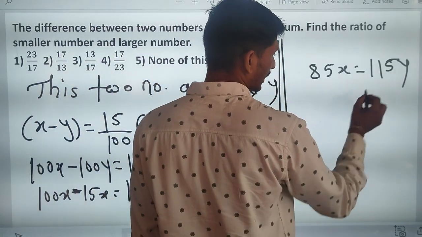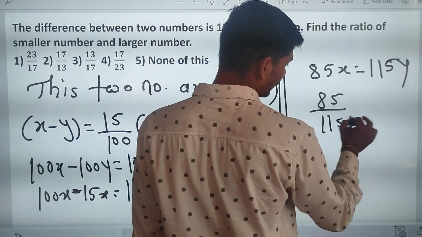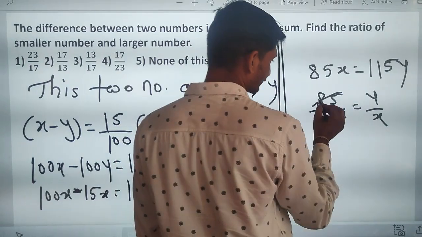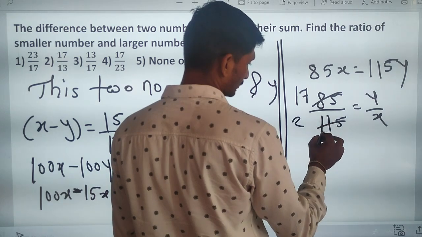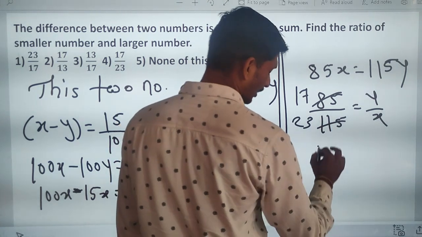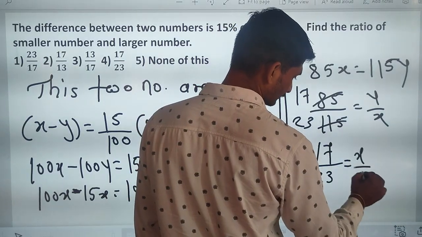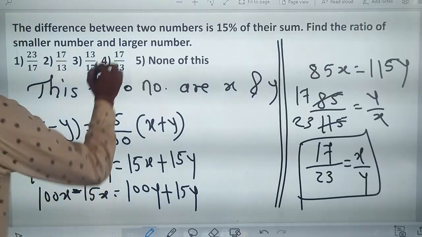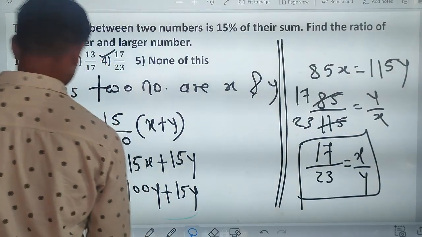Smaller number to larger number, that is 85 divided by 150 is equal to y upon x. Now here we get your answer: 17 divided by 23.